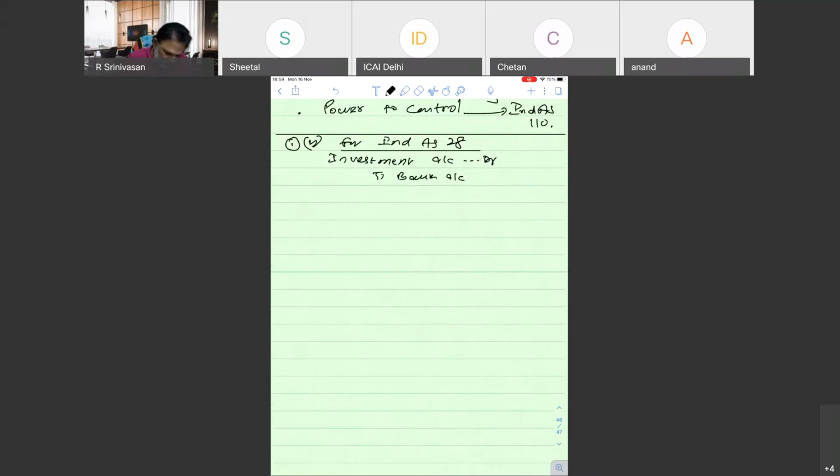And for Ind AS 109, what entry will we make?